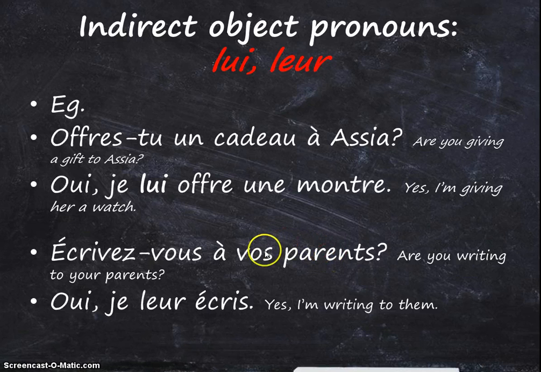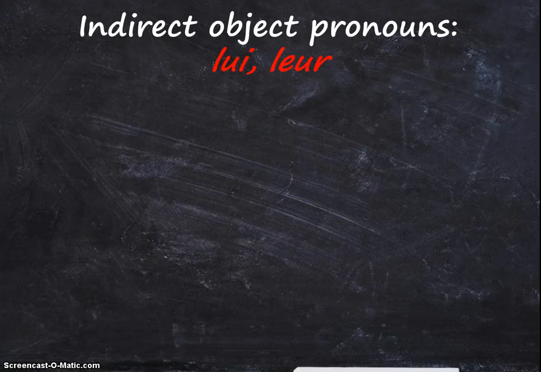Parents is plural, so if you replace parents in your answer because you don't want to repeat, you just say I'm writing to them. Plural to them is leur, and it goes before the verb. So lui and leur usually come right before the verb.